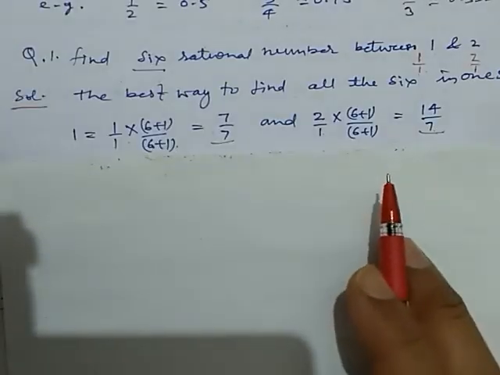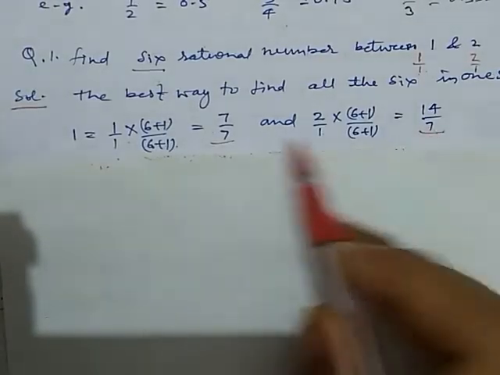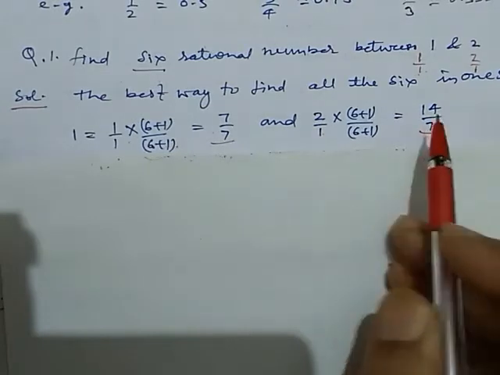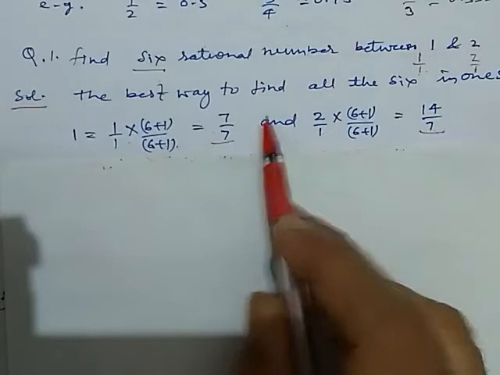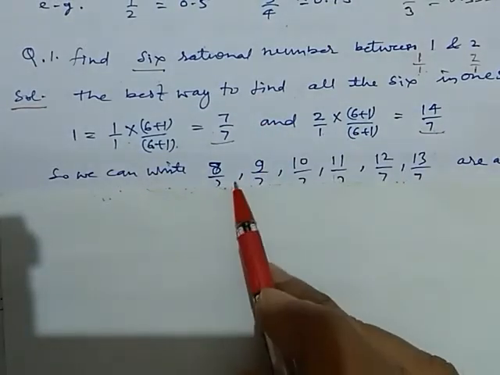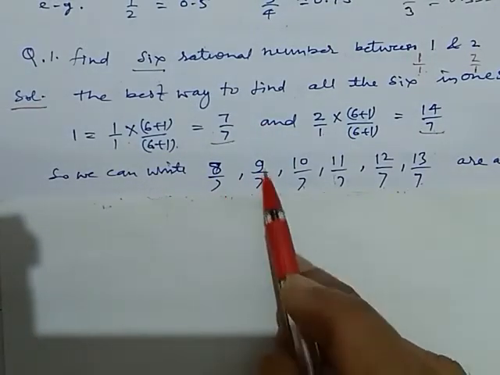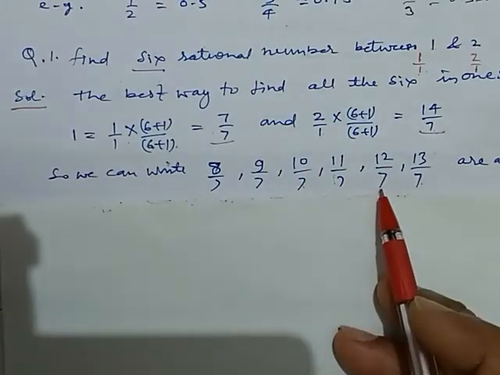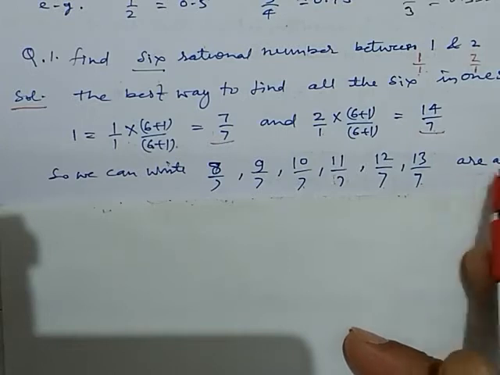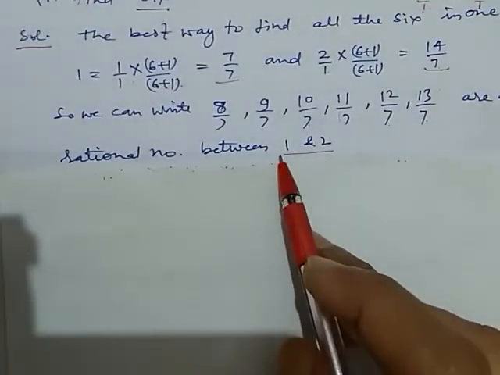Now here they are like fractions, so we just start counting after 7. We can write 8 by 7, 9 by 7, 10 by 7, 11 by 7, 12 by 7, 13 by 7 are all rational numbers between 1 and 2.